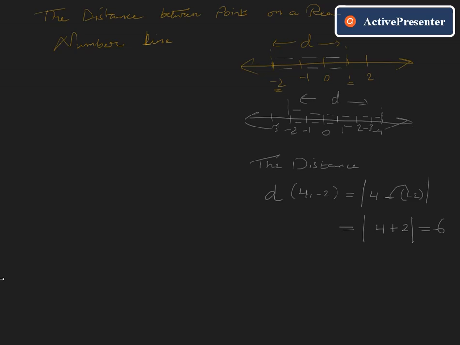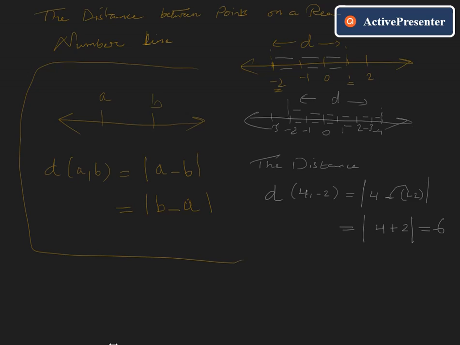To sum up, if you have a real number line and you have here, for example, A and B, the distance between A and B equals the absolute value of A minus B, or you can say the absolute value of B minus A. The same. This is the simple definition.